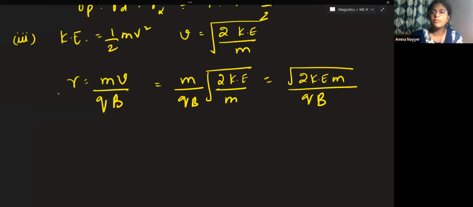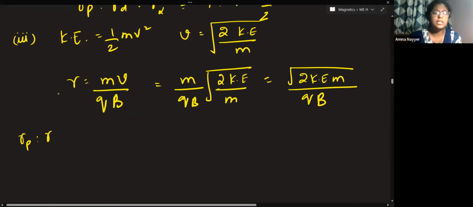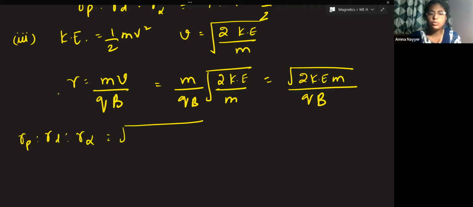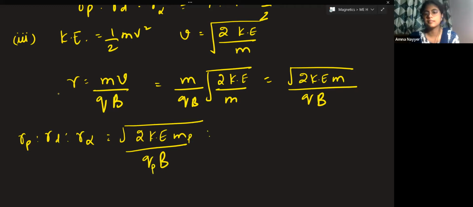Now from here you can solve this. Rp is to Rd is to R alpha. Now I'm not writing everything, this much you people can do. See, root 2 kinetic energy mass divided by qB. From here, this kinetic energy is same, magnetic field is same. The 2 will get cancelled.